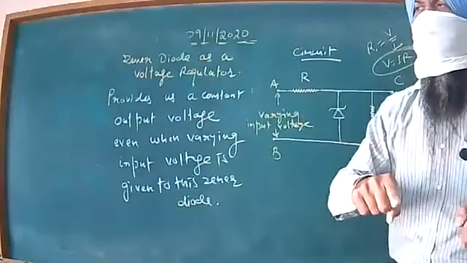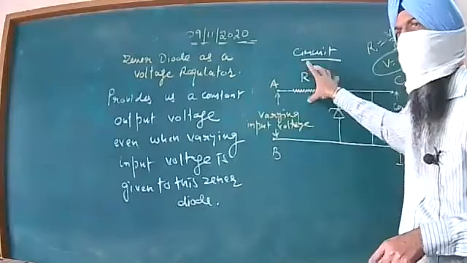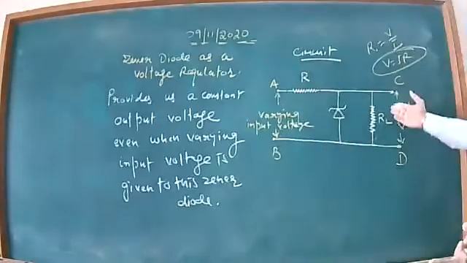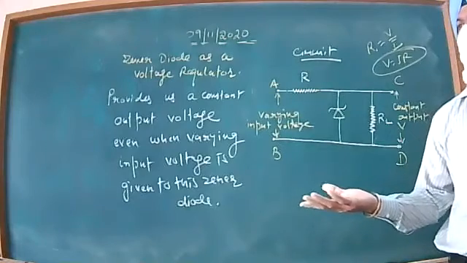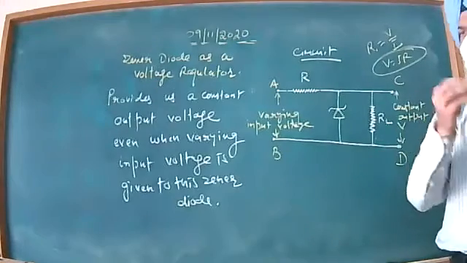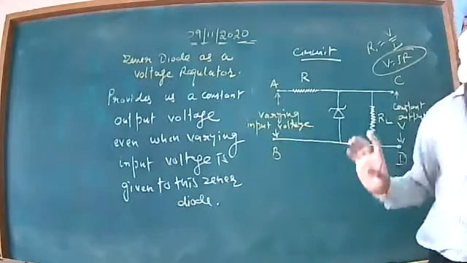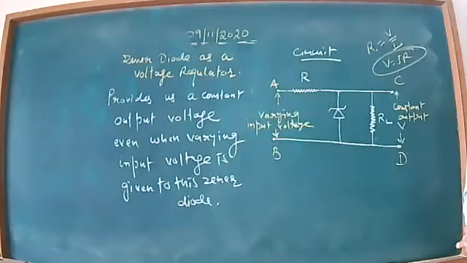And when the input voltage is high, then across this dropping resistor the voltage drop will rise, again giving you the fixed value of the output. Whenever we come across the working, we are just to give these two or three lines in terms of the circuit's working, beta. So this is your Zener diode as a voltage regulator.